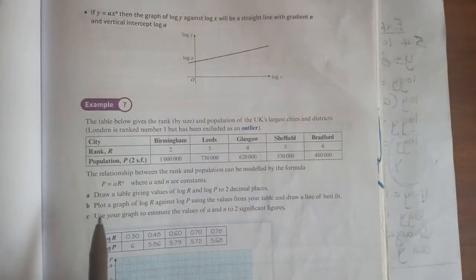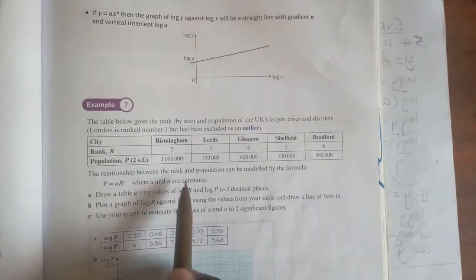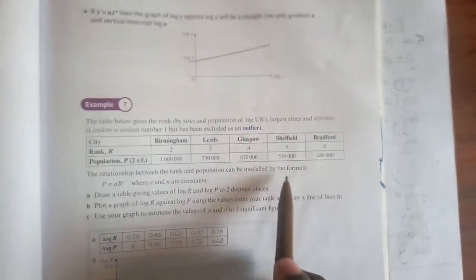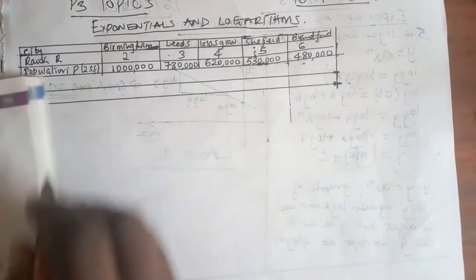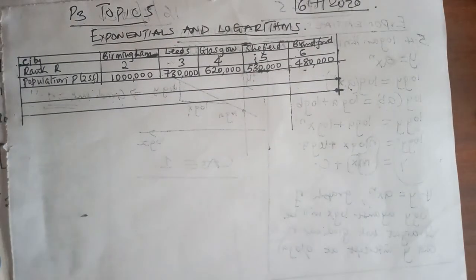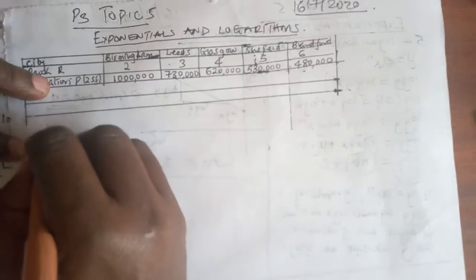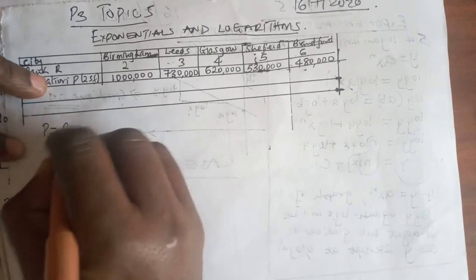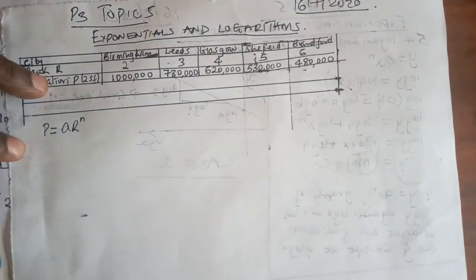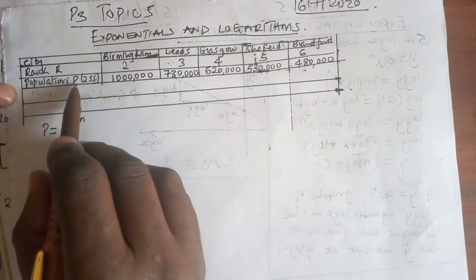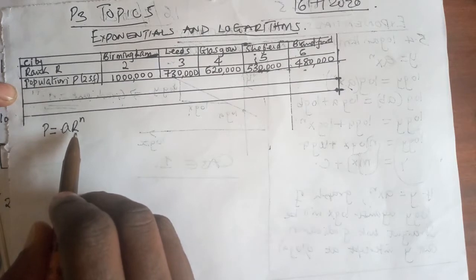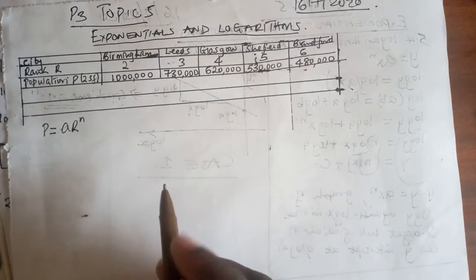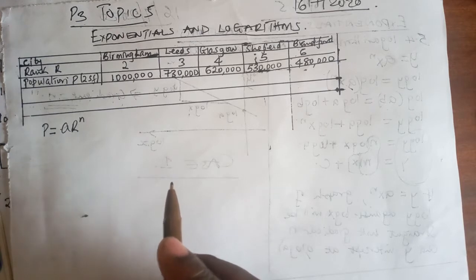And we are told that the relationship between the rank and the population can be modeled by the formula P = AR^n, where P is the population and R is the rank, where A and n are constants.